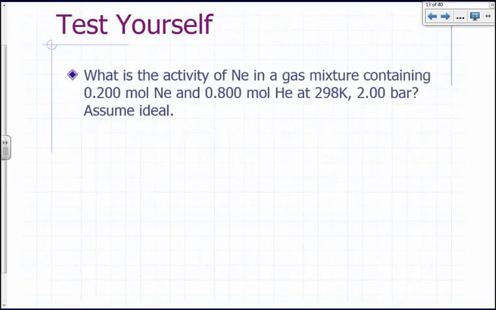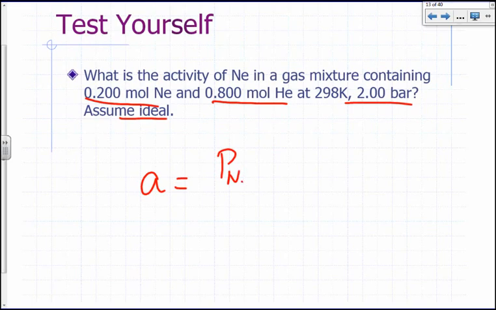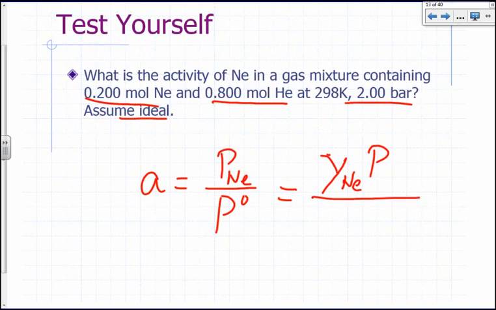All right, so let's look at this example right here. What is the activity of neon in a gas mixture containing 0.2 moles of neon and 0.8 moles of helium at 298 Kelvin and 2 bar pressure, assuming you have an ideal mixture? Then activity, we said, is just the partial pressure of neon over P naught. And the partial pressure of neon in a mixture will just be the mole fraction of neon times the total pressure.